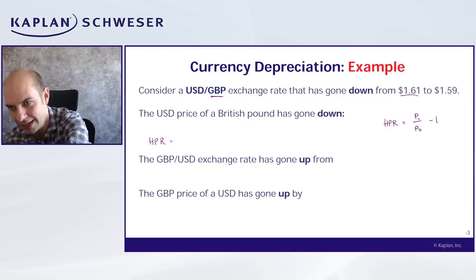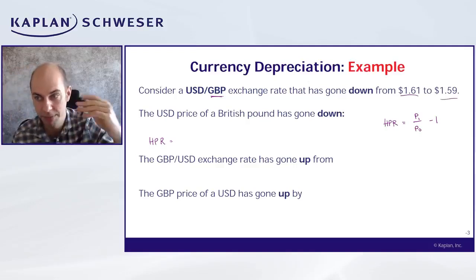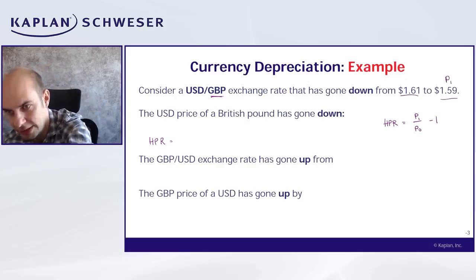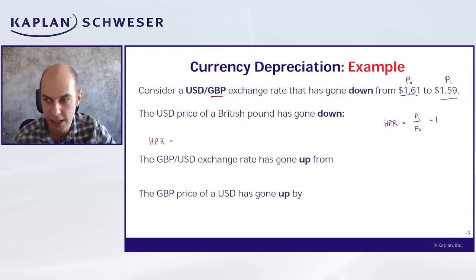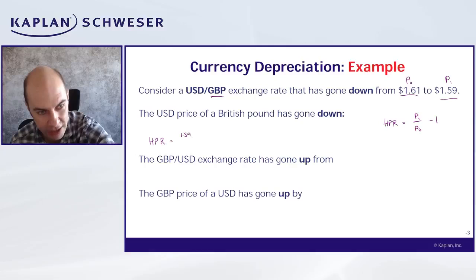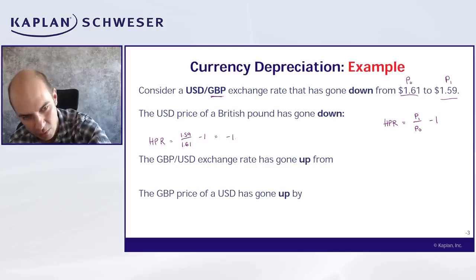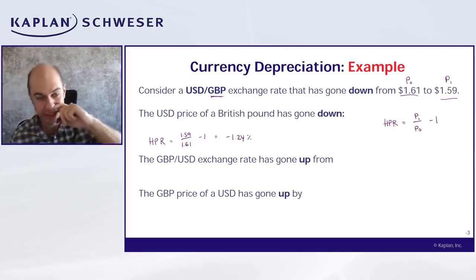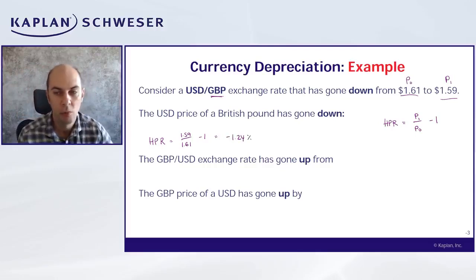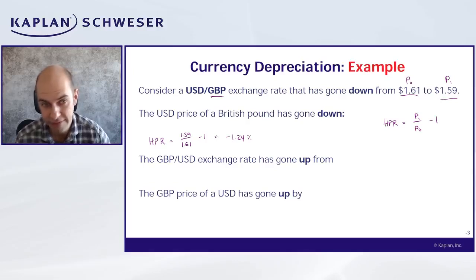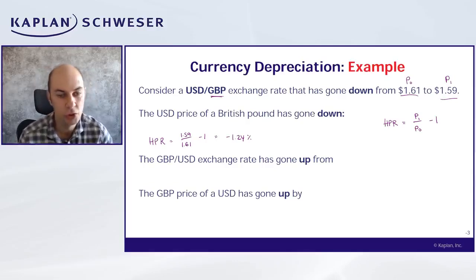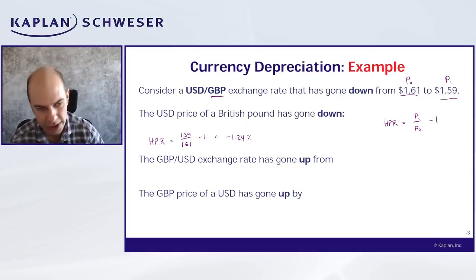So we can directly use these numbers here. So P1 in our case is the final price. P0 is our starting price. So the answer will be 1.59 over 1.61 minus 1. And that is how we can calculate the depreciation in the pound, and that is negative 1.24. So the pound has depreciated by 1.24%.